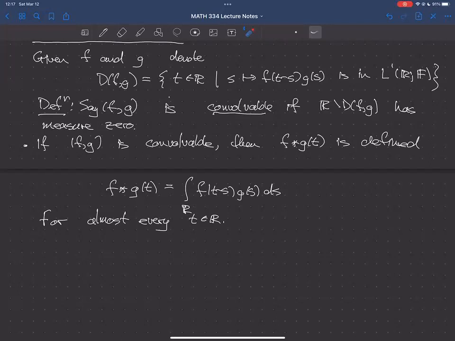So we don't bother ourselves with points that are not in D of f, g. Okay, so one of the things we're going to do is talk about sufficient conditions for convolvability. But before we do that, let's maybe look at an example.